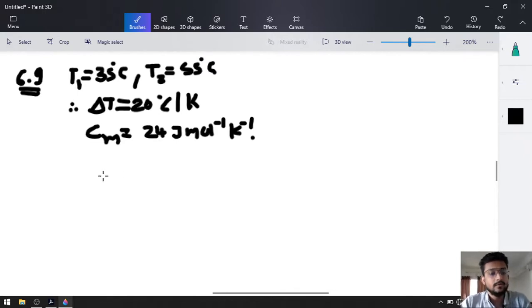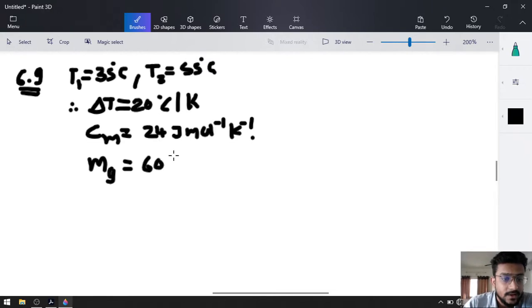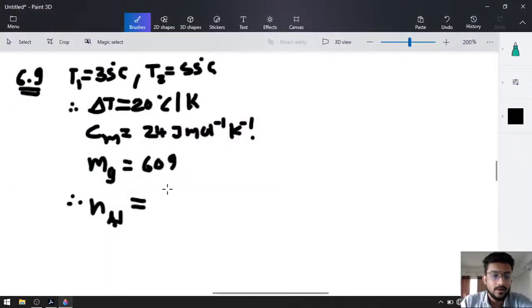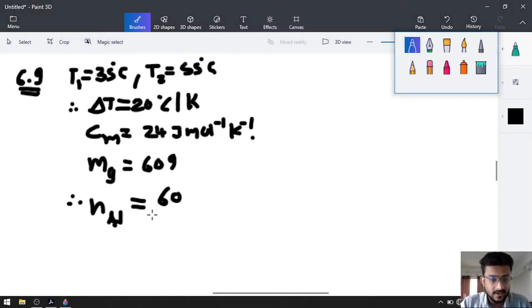Now we have the weight, okay, W will be for work. So mass of aluminium has been given. It is 60 gram aluminium. So let's find the mole of aluminium. So n of Al, what will be the amount of mole of aluminium? Okay, molecular mass of aluminium is equal to 27.